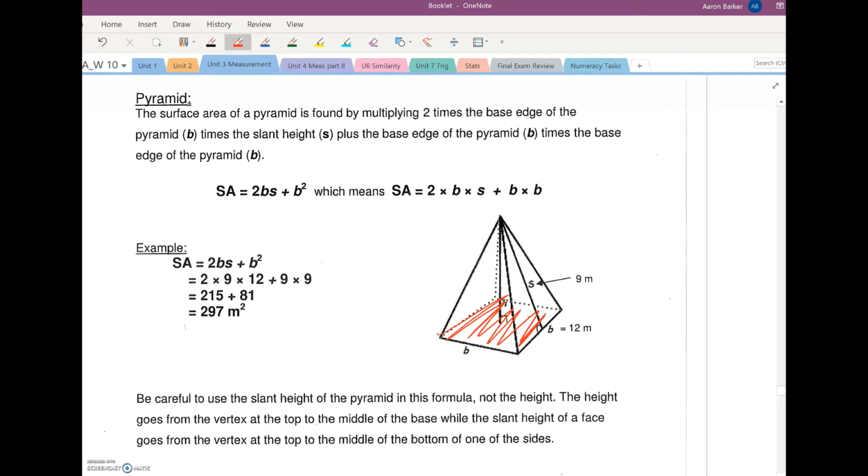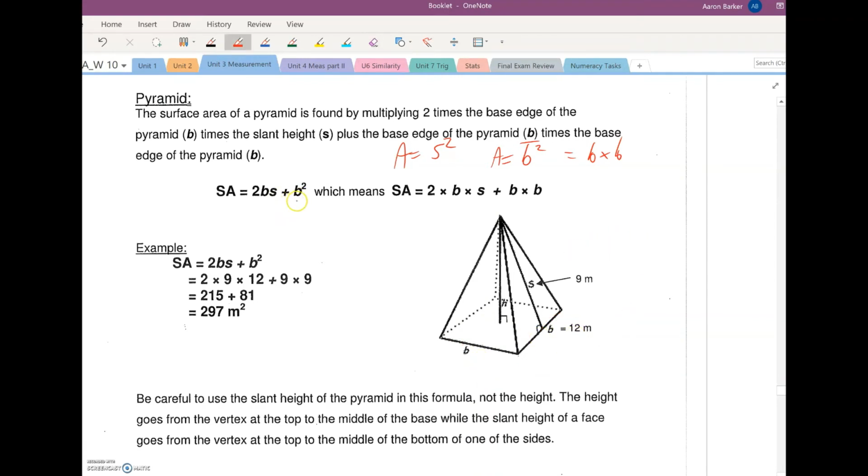Normally we say the area of a square equals s squared, but for the pyramid, they like to use the letter b. So the area of the square is going to be b squared, or b times b. So b is 12. It's the same dimension for both because it is a square, so it'll be 12 times 12 for this one.